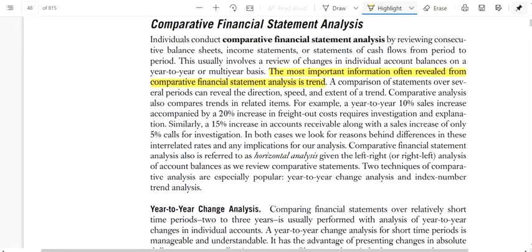Now, refer textbook. Apa yang you perlu tahu ialah the most important information often revealed from comparative financial statement analysis is trend. Bila kita menggunakan comparative financial statement, kita akan dapat trend of the company.